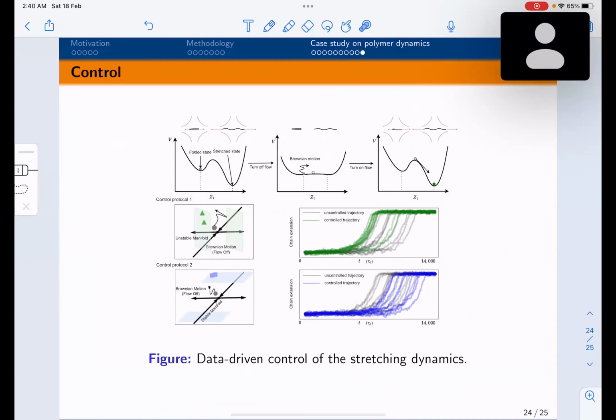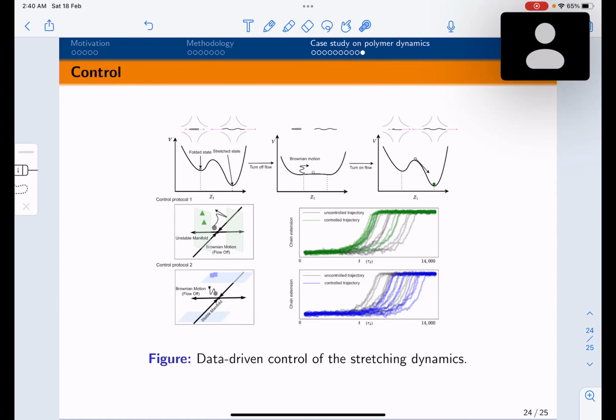Then if the polymer arrives near the unstable manifold, we can see the green ones are the true unfolding trajectories. And if we do this, we found a lot of trajectories unfolding very fast.